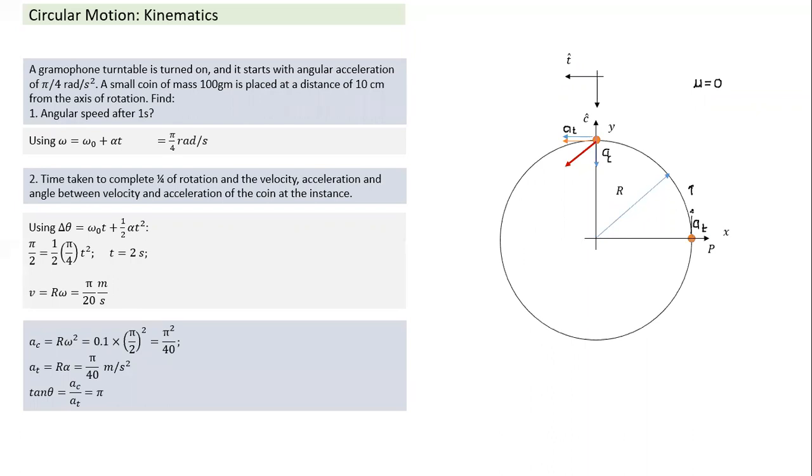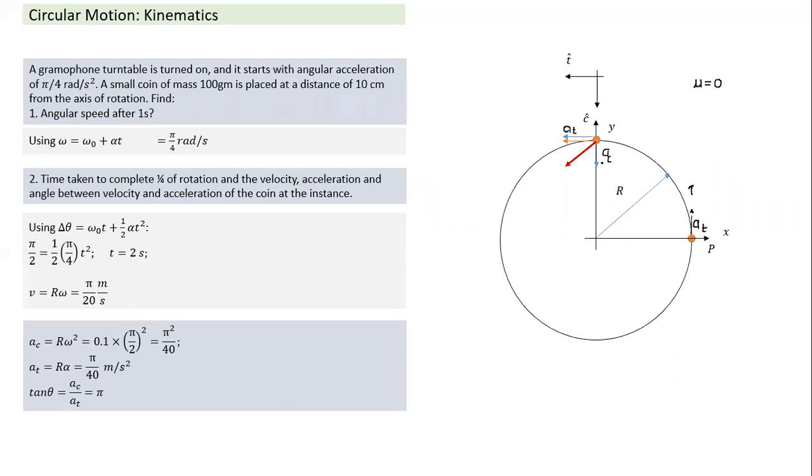The coin also has to have r alpha acceleration. And who's providing the force for this acceleration? The coin must have the same acceleration as the point on the gramophone, so a force must act on the coin in this direction. The force is acting in the horizontal plane, and that force is nothing but the friction force. So at this point in time, just a friction force is acting.